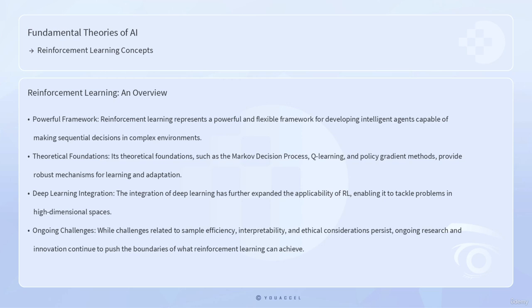While challenges related to sample efficiency, interpretability, and ethical considerations persist, ongoing research and innovation continue to push the boundaries of what reinforcement learning can achieve. As the field progresses, its potential to revolutionize areas like cybersecurity, robotics, and beyond becomes increasingly evident, underscoring the importance of a comprehensive understanding of RL concepts for anyone engaged in AI research and application.